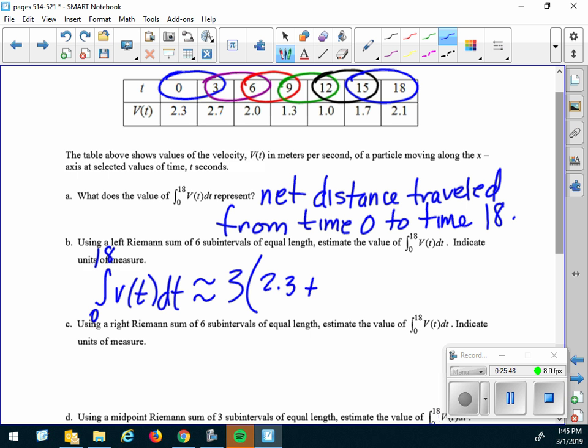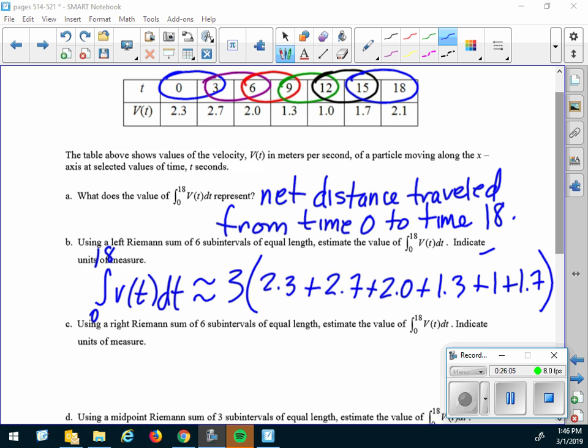Height of the second one? And what's my last entry going to be? 1.7, right? 1, 2, 3, 4, 5, 6. Look. 33 what? 33 meters. No, it's not meters per second. This is distance, so 33 meters.